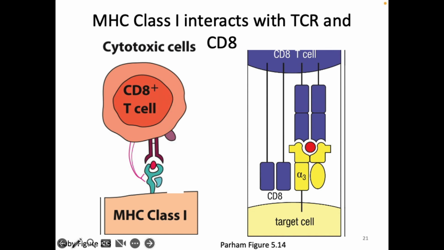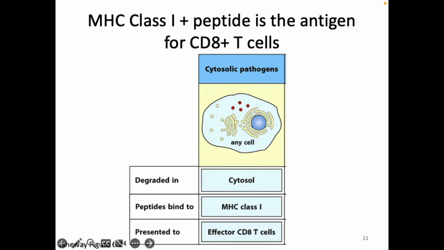When I told you about T cells, I told you that we got different kinds of T cells. One was called a CD8 T cell, and one was called a CD4 T cell. MHC class 1, I just told you, has to interact with this protein CD8.